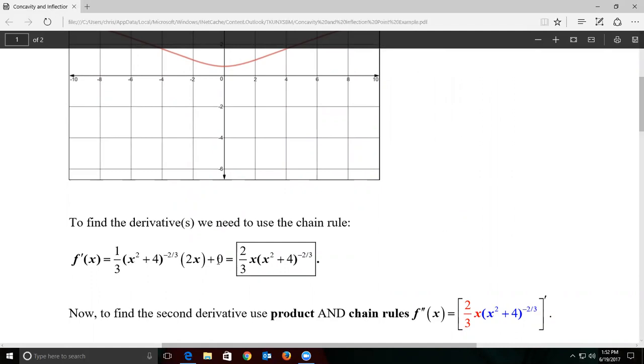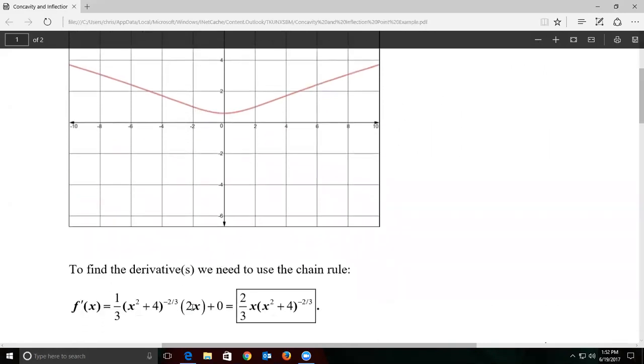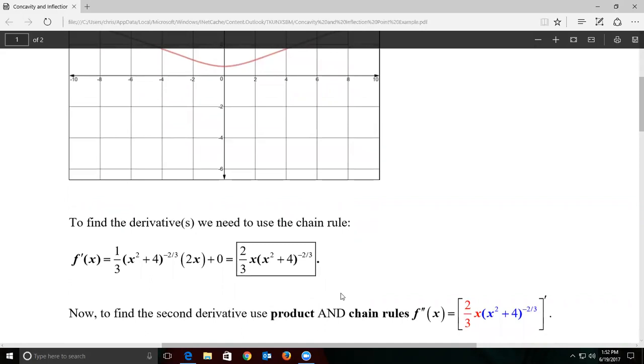And of course, the derivative of the second term is 0, since the derivative of any constant is 0. If I clean this up a little bit, put the 2 over here and the x out in front, this is my first derivative. And here is where you actually do want to clean up the derivative first, so you can take that second derivative more easily.